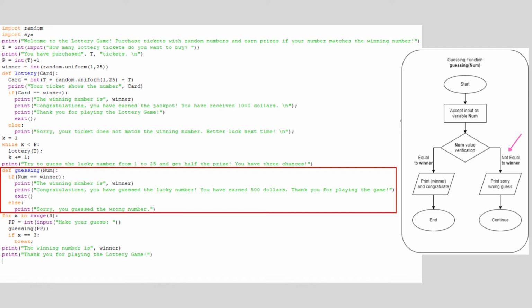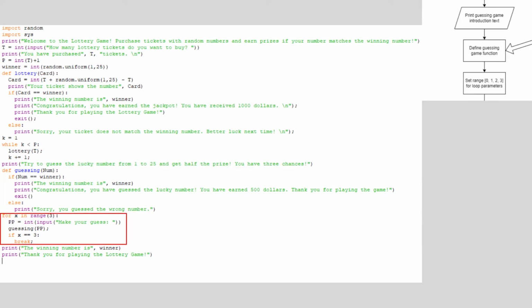So again, we need a way to make it run exactly 3 times since we said that the user has 3 chances to guess, and to do so this time we use a different kind of loop, which is the for loop. Since we want to loop this guessing game 3 times, we create a range of values from 0 to 3 using the function range in brackets 3 and set the for loop to be based on this range.